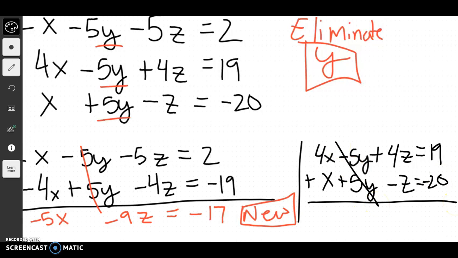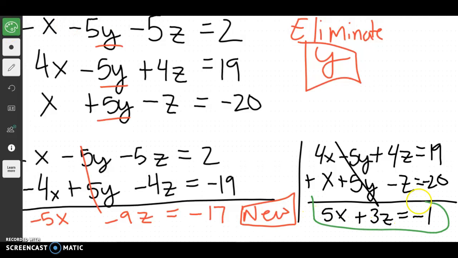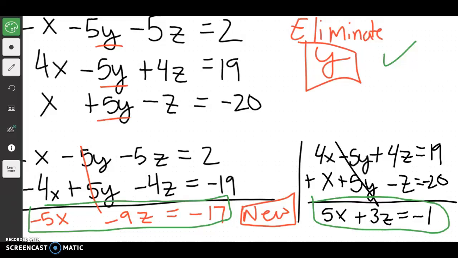These again will cancel. I'll get 5x plus 3z is equal to negative 1. And this is going to be my second new equation. And notice in my 2 new equations, we have no y. We've successfully eliminated y.